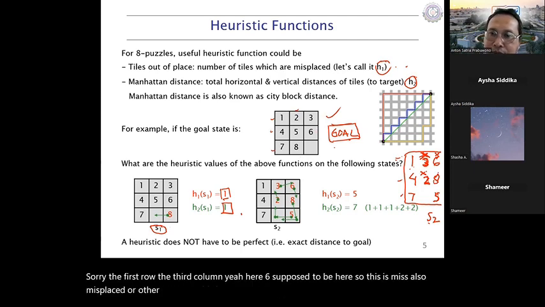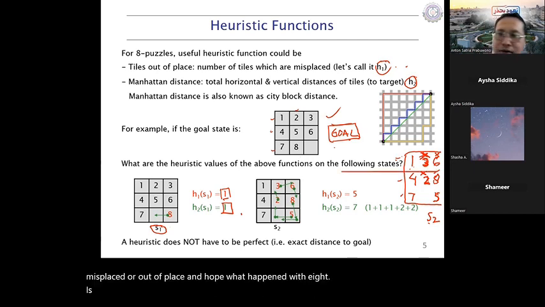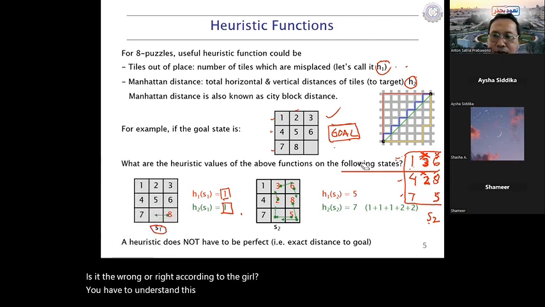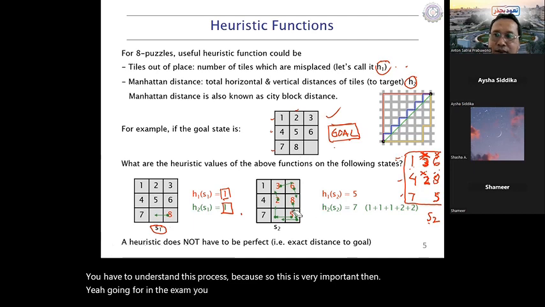And what happened with 8? Is it wrong or right according to the goal? You have to understand this process because this is very important. In the exam you have to count manually like this.